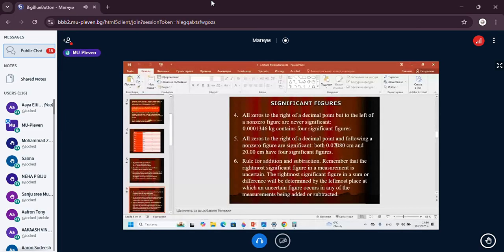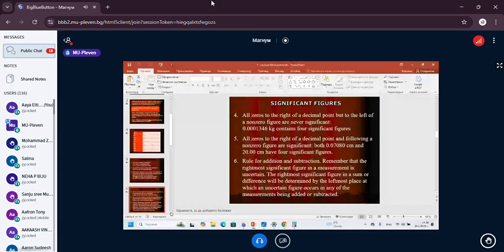And we reached the rule of addition and subtraction. The important thing here is that the rightmost significant figure in a sum or difference depends on the leftmost place at which an uncertain figure occurs in any of the measurements being added.